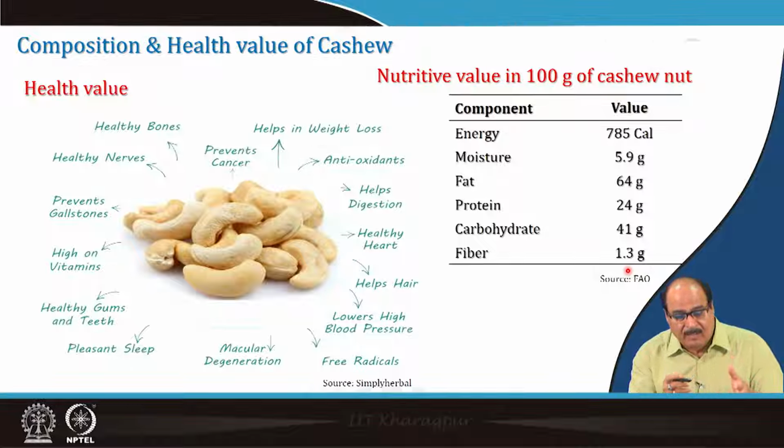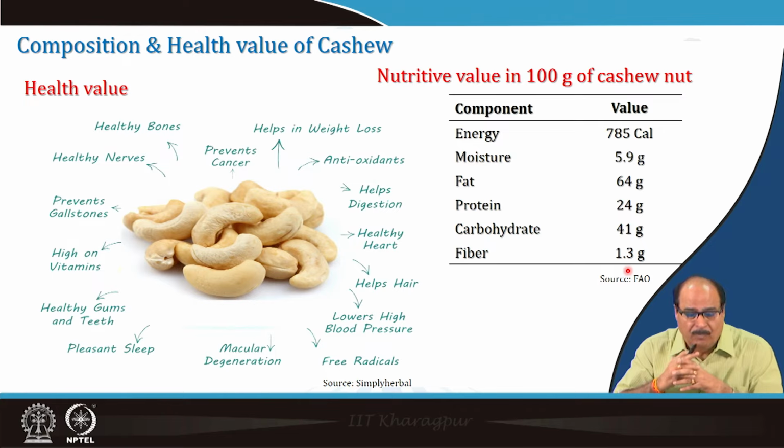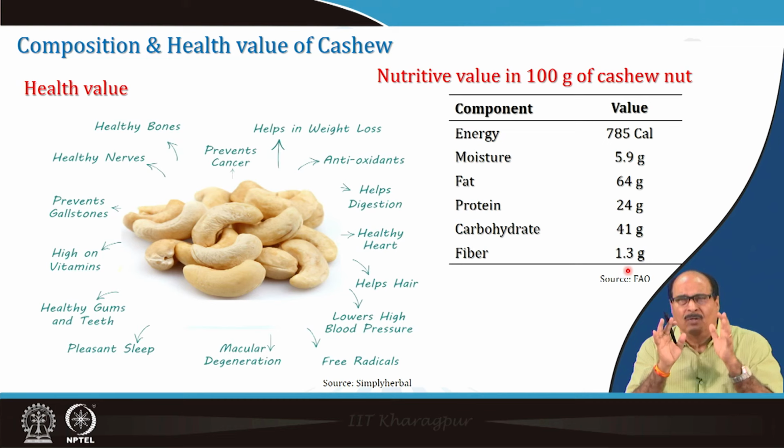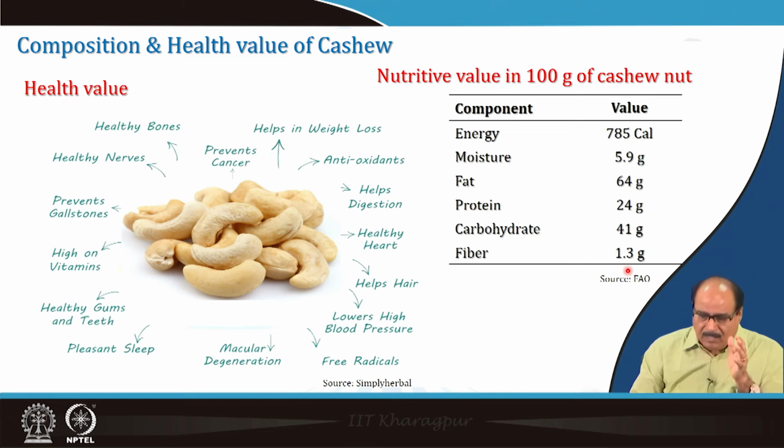Okay. It lowers high blood pressure, helps improve hair and gives shining hair, maintains a healthy heart, helps in digestion, acts as an antioxidant, helps in weight loss, etc. So, it again has very good health values.